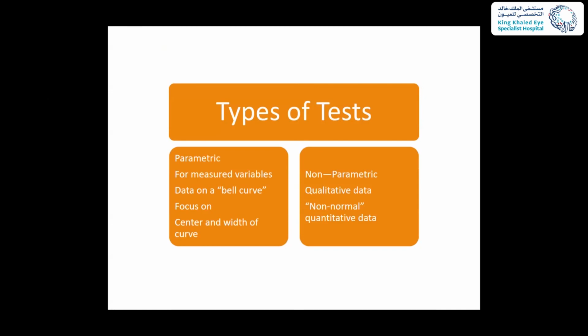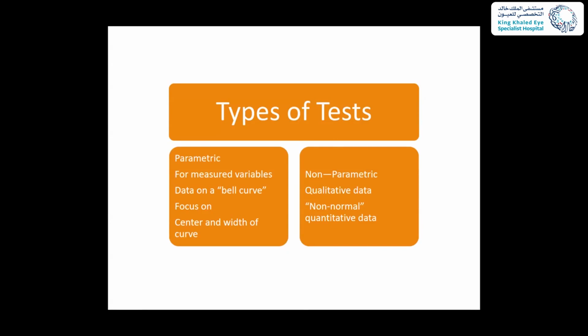So let's talk about the type of test. As a clinician, you should have some knowledge about what type of statistical test your biostatistician is going to use, and you might discuss it with them. This depends on whether your variables are parametric or non-parametric. Parametric means your variables are normally distributed.